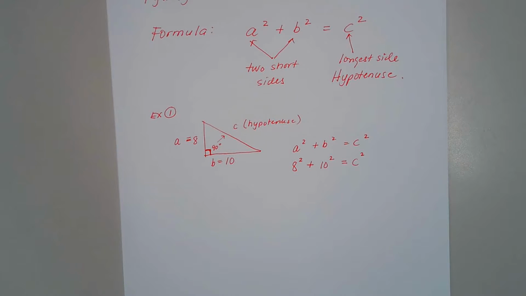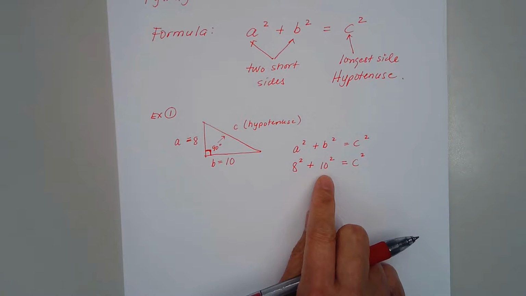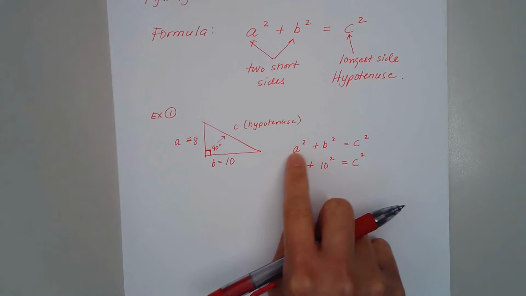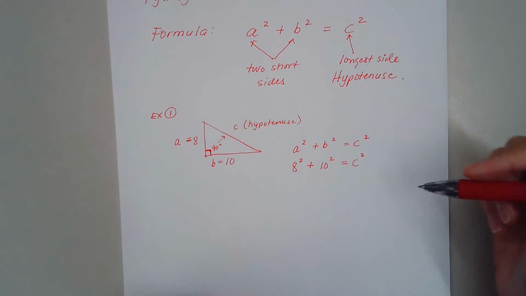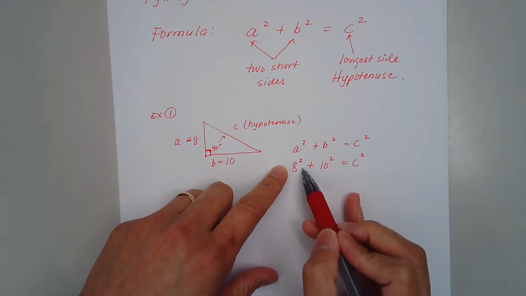Do you remember in our booklet before, we talked about order of operations, right? We said BEDMAS. We're going to do exponents first and then addition. Do you remember that piece? Okay, so I'll just show you how you do that. BEDMAS, exponent first.